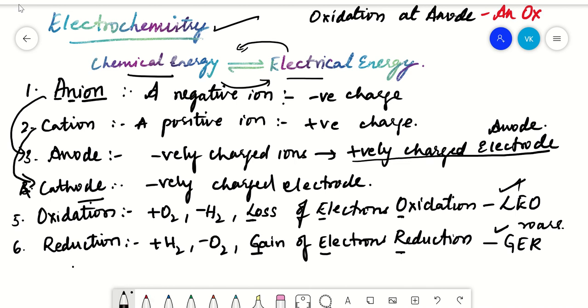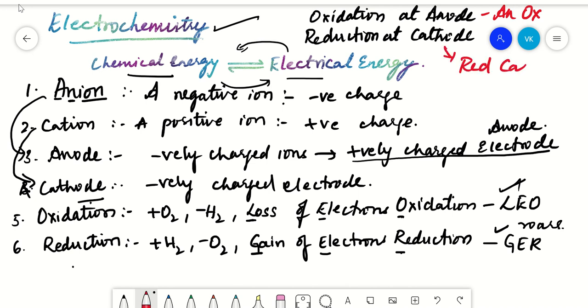And what about reduction? Reduction takes place at the cathode. The mnemonic here is RED CAT. Just remember it as RED CAT and AN OX. Oxidation takes place at anode, reduction takes place at cathode, right?